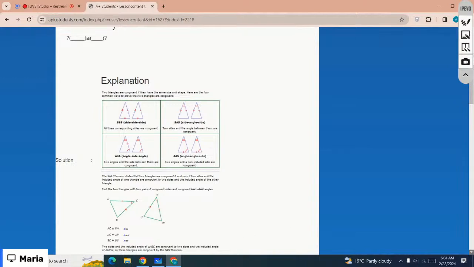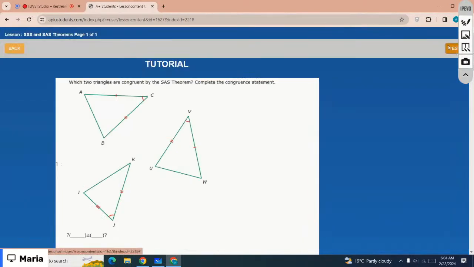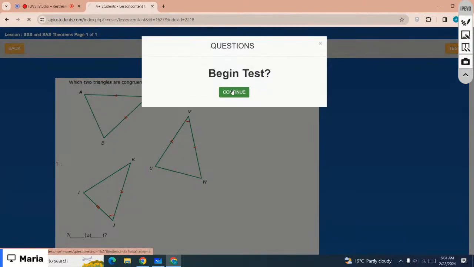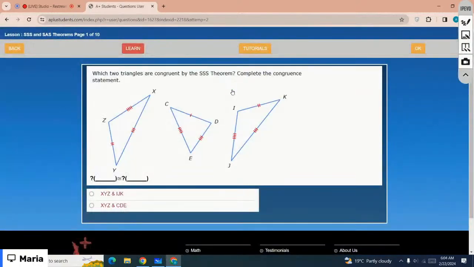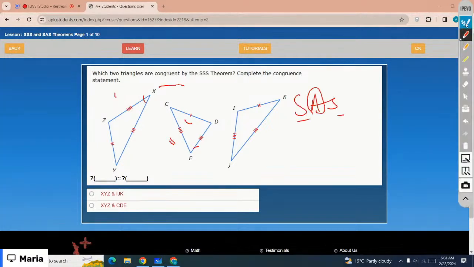Let's start with the test questions. Which two triangles are congruent by the side, side, side theorem? Complete the congruence statement. Let's look at the triangles.